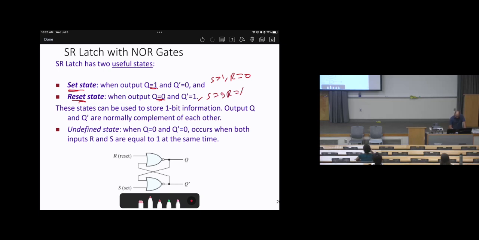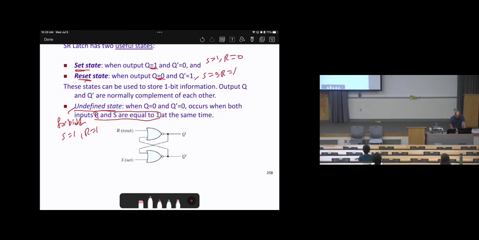And there is the undefined state, when both R and S equal 1, which is undefined, or, as I mentioned, sometimes forbidden. It is forbidden to get S equal 1, R equal 1. Then, if both of them are zeros, S equals 0, R equals 0, it will hold, which means keep the old value, no change.